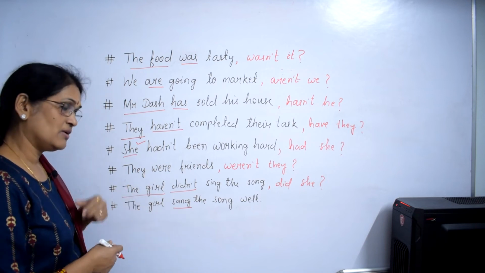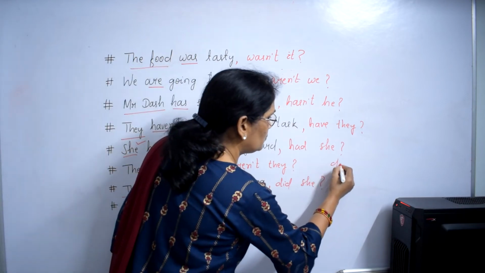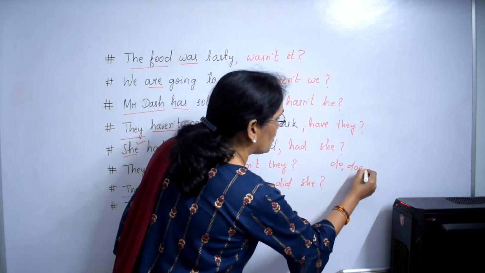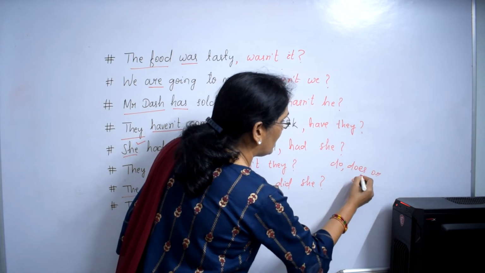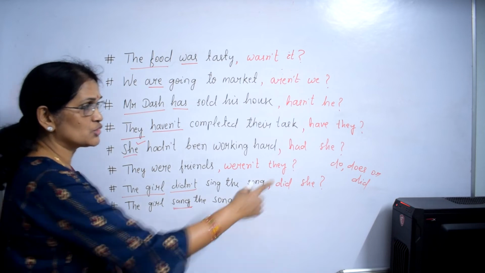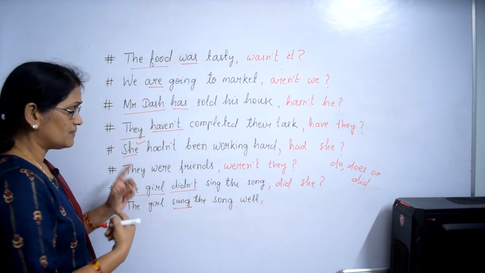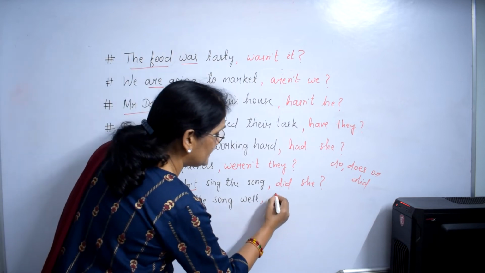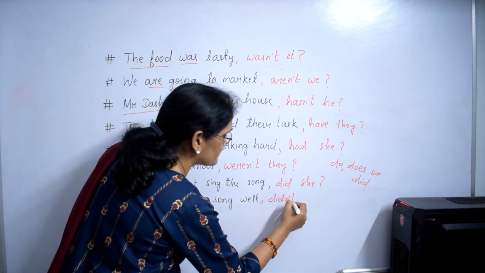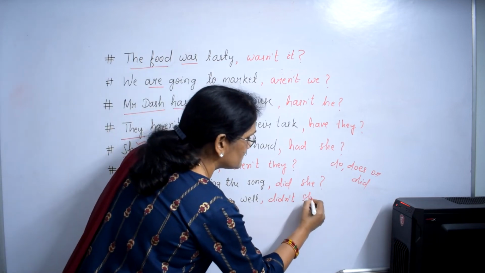So what auxiliary? I have already told you: where there is no auxiliary verb, do, does or did will be added. As the verb is in simple past, what auxiliary will come? Did. It is what? A positive statement, so you add didn't. Didn't, for the girl, pronoun she.